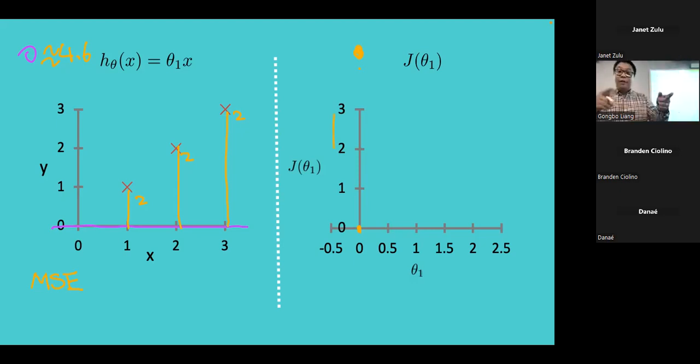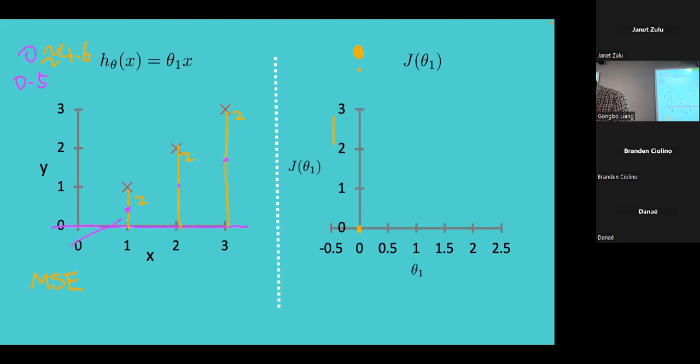Then let's take a random direction, whether we want to increase or reduce. Maybe this time I will change theta 1 to 0.5. So with x as 1, I have 0.5, then 1, and if x is 3, then we have 1.5.